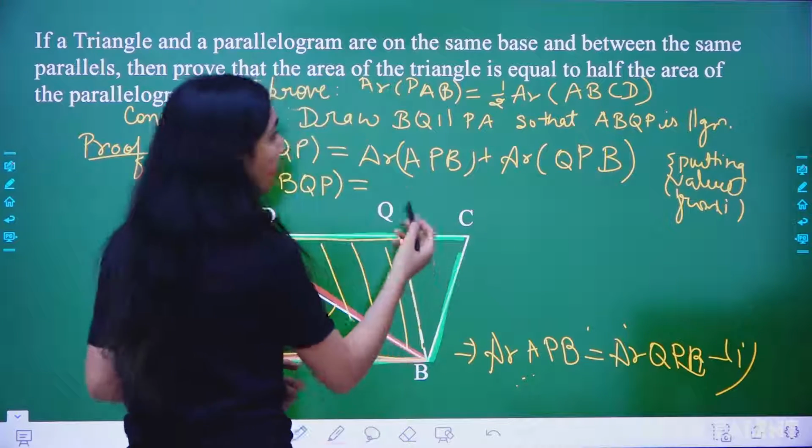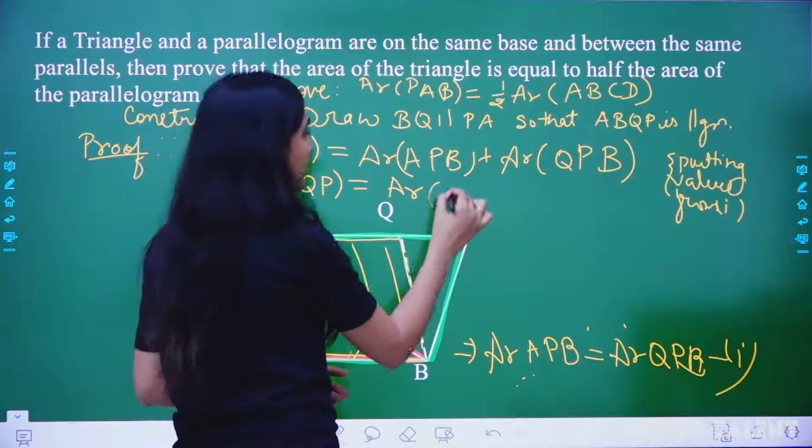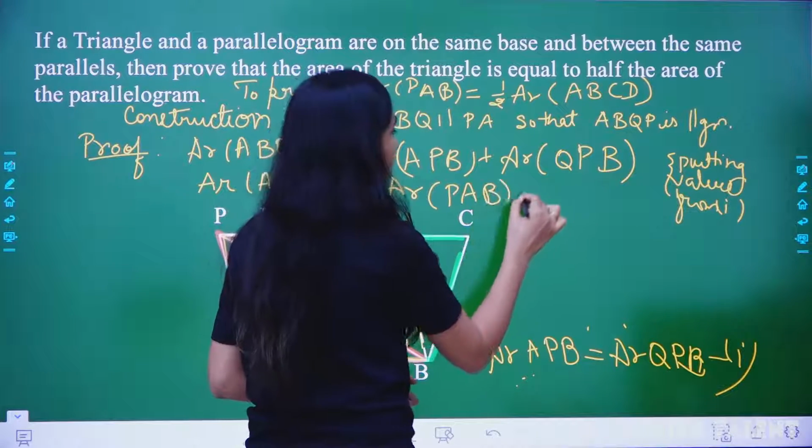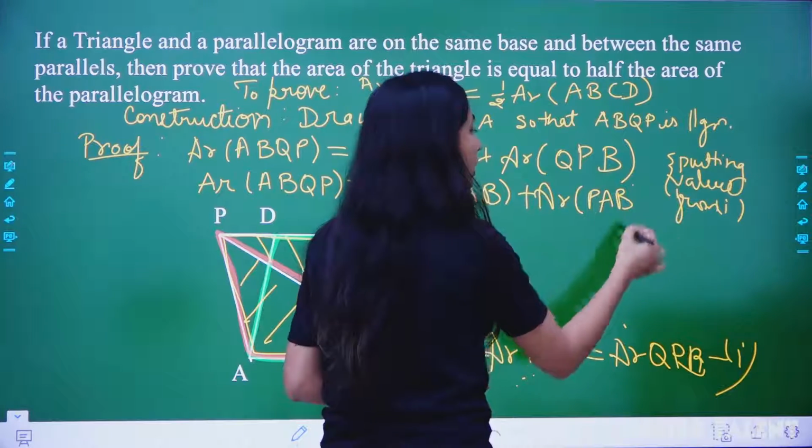So we can substitute it here, area PAB, and this is also PAB because these two are equal.